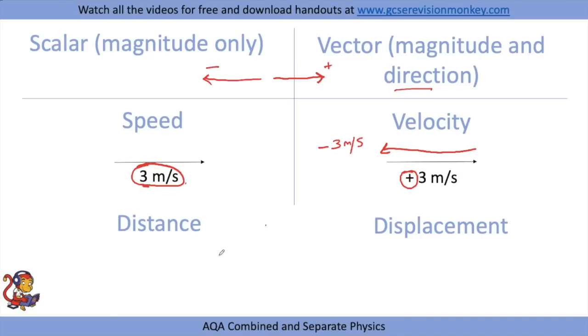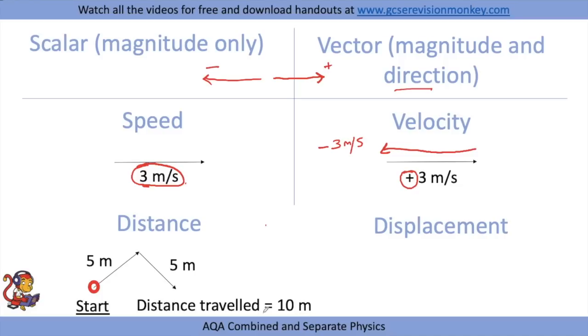Let's have a look at an example. If we have a starting point and an object moves 5 meters and then another 5 meters, the total distance would be 10 meters, 5 plus 5 making 10.